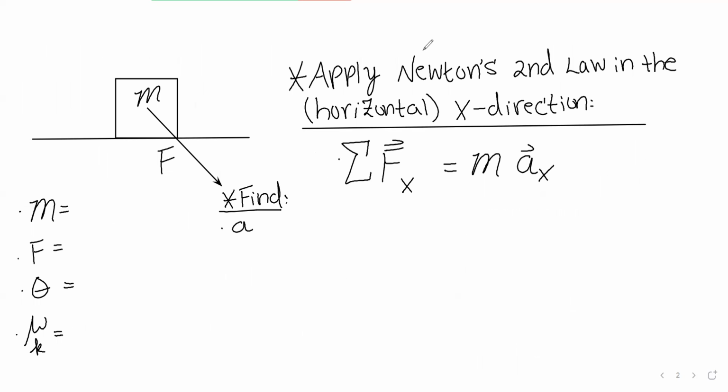Now, the first step is to draw the horizontal, because notice that this is an angle of depression acting down. Since F is diagonal, that means it acts both in the x direction and the y direction simultaneously.